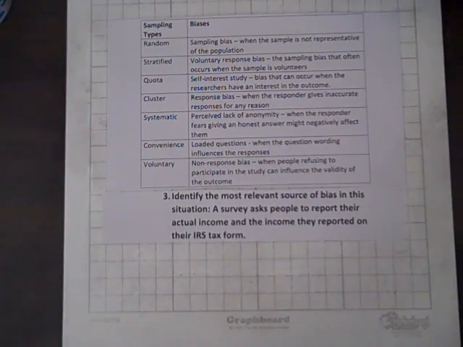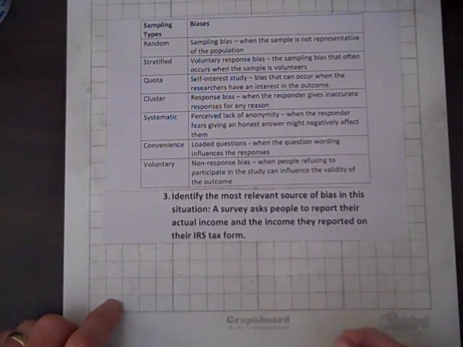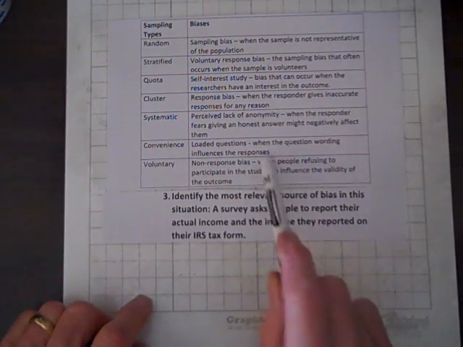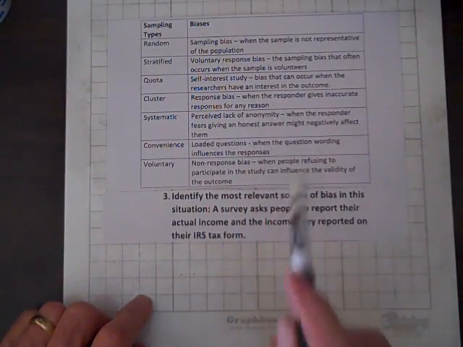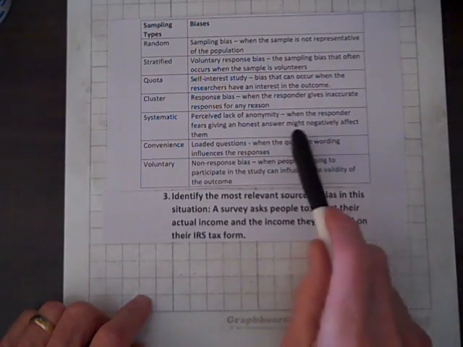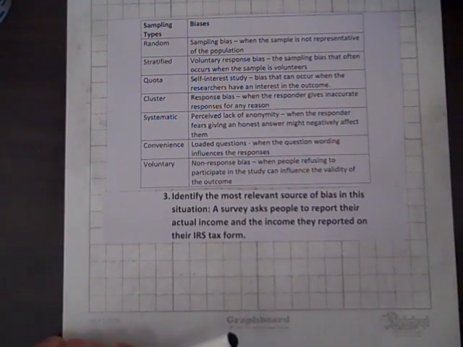Well, here's another bias question, and it says, a survey asked people to report their actual income and the income they reported on their tax form. Well, among the options is this perceived lack of anonymity, when the responder fears giving an honest answer might negatively affect them.